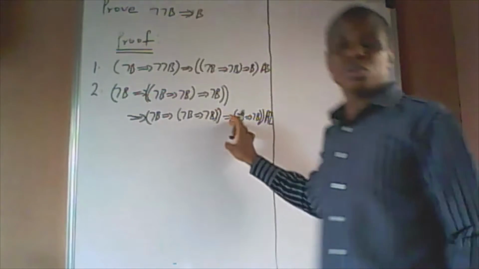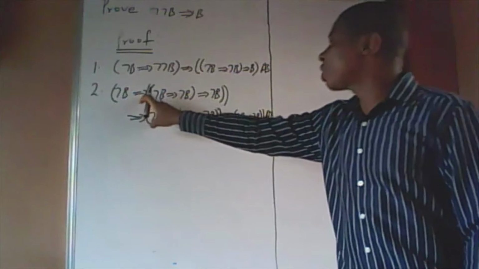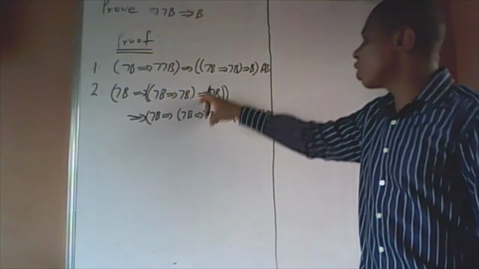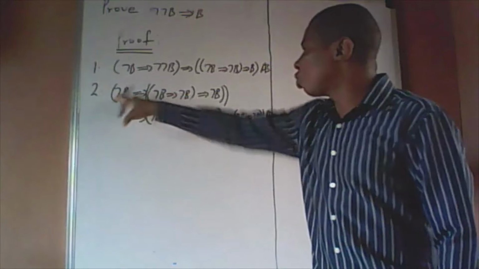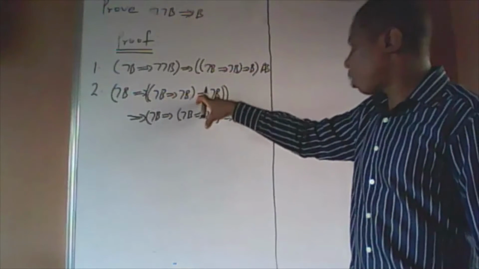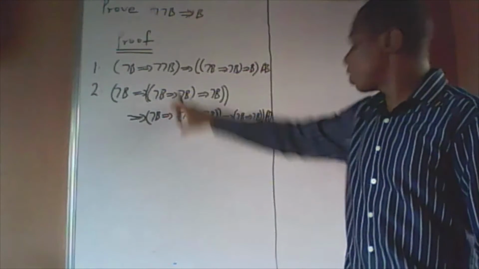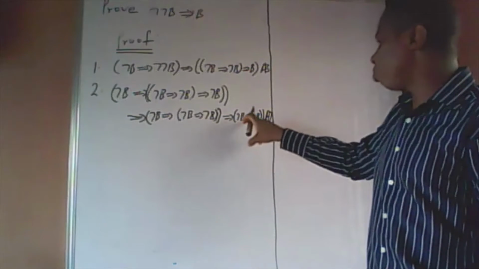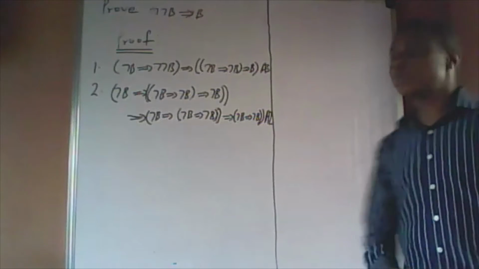This is axiom 2. Not B implies, all in brackets, not B implies not B implies not B. We then distribute not B to not B implies not B implies not B. That's why we get not B implies this not B implies not B implies not B. That is axiom 2.